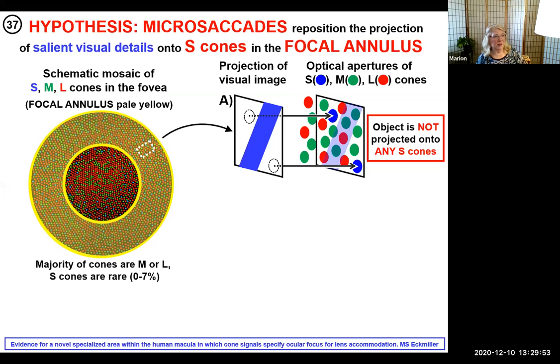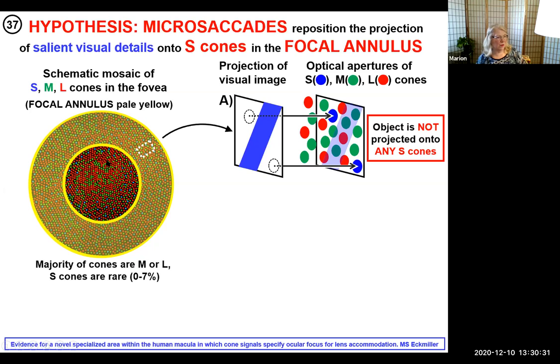So I am hypothesizing that the microsaccades are made to reposition the projection of important salient visual details onto those rare sparse S-cones within the focal annulus, so that the focal annulus can use the information from all 3 cone types to get a good balance compromise level for the best focal length and optical lens accommodation level for the eye.